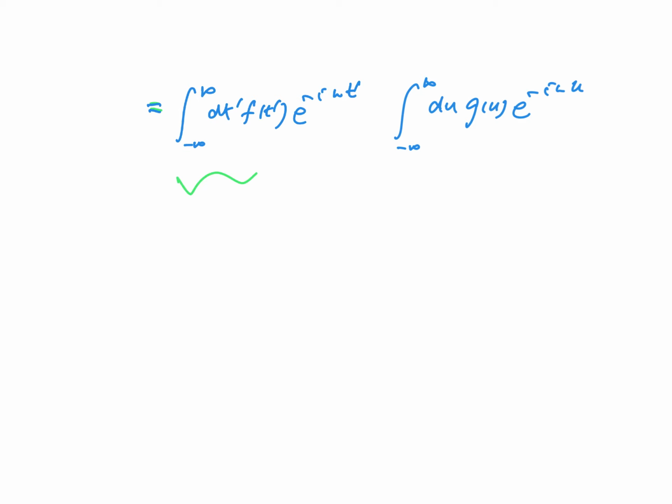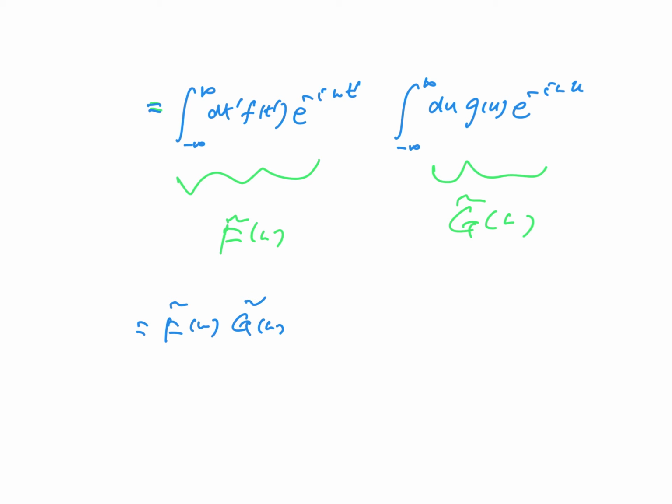So this becomes the Fourier transform of f(t), and this becomes the Fourier transform of g(omega). Therefore the Fourier transform of the convolution of f(t) with g(t) becomes f tilde omega times g tilde omega.